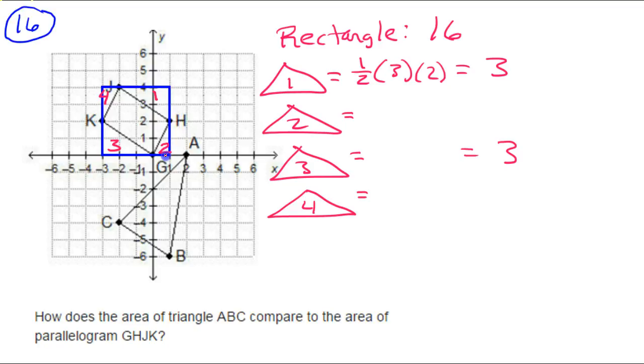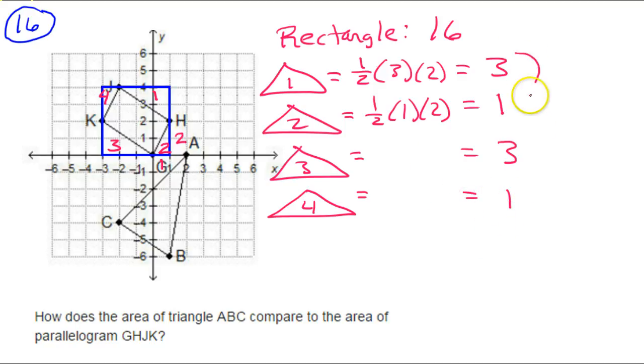All right, now triangle 2 and 4, the little guys. Okay, looking at triangle 2, the base is 1, and the height is 2. All right, so this is 1/2 base times height, 1/2 times 1 times 2. Well, 1 times 2 is 2, and half of 2 is 1. Which means the other one will also be 1.